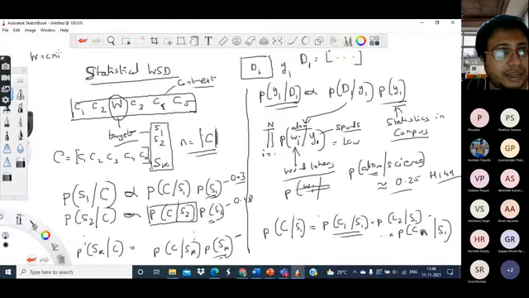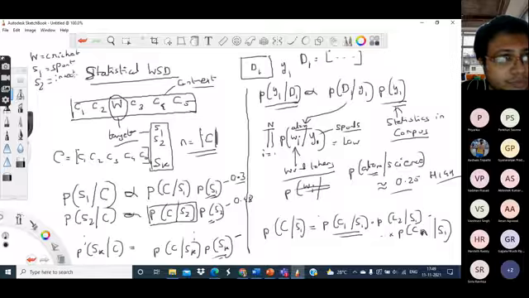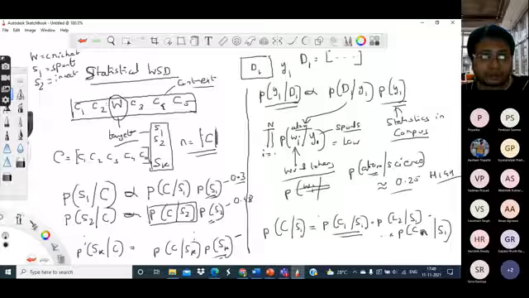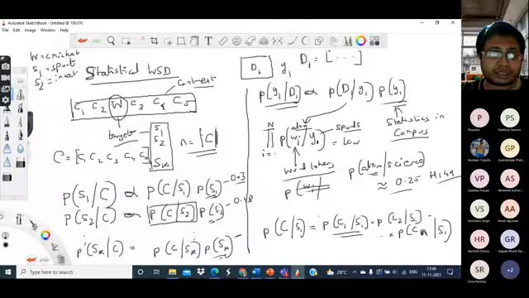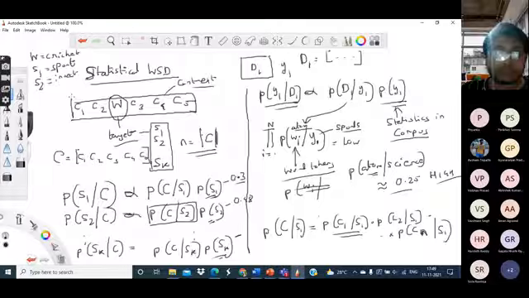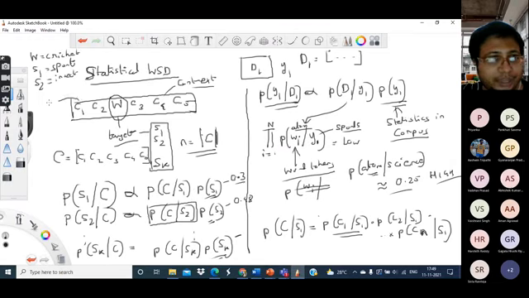We know that it has two senses. Sense S1 is the sport, that is cricket, and sense S2 is the insect, that is cricket. Now I am trying to understand which sense is being used. So let us talk about this first context word C1. Let us say that this is bat.